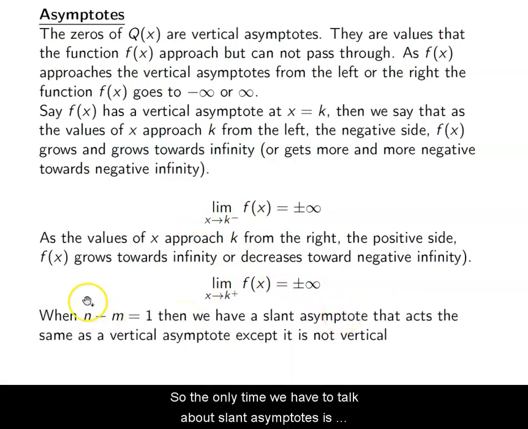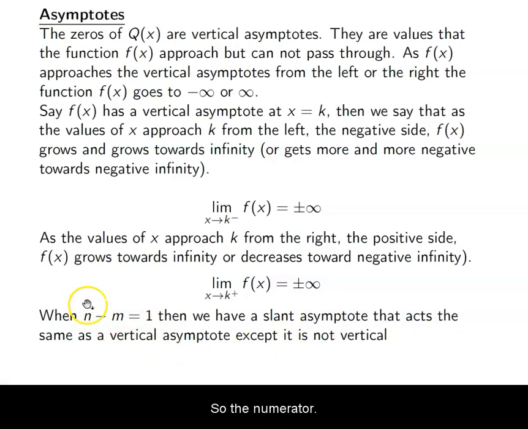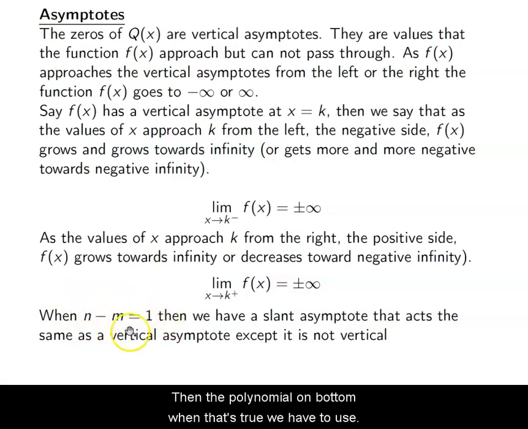Okay? So the only time we have to talk about slant asymptotes is when the difference between n and m is 1, so the numerator polynomial is 1 degree higher than the polynomial on the bottom. When that's true, we have to use polynomial division. Depending on what the powers are, we may be able to use synthetic division, or we might have to use long division.